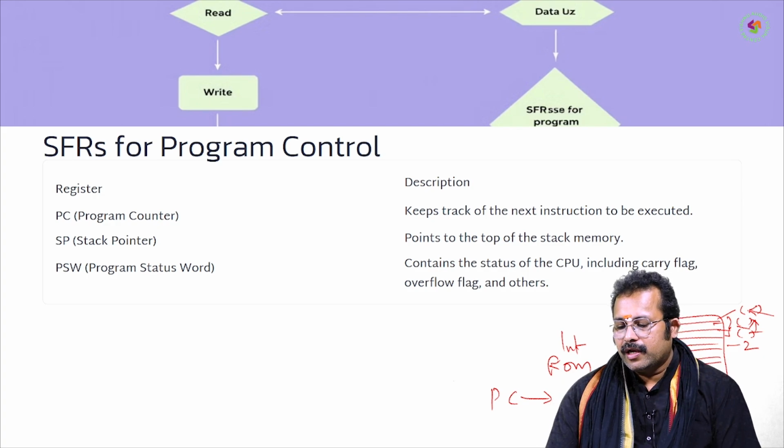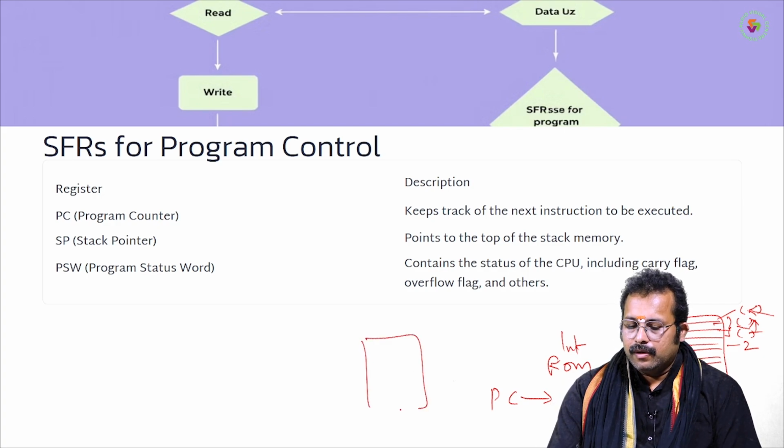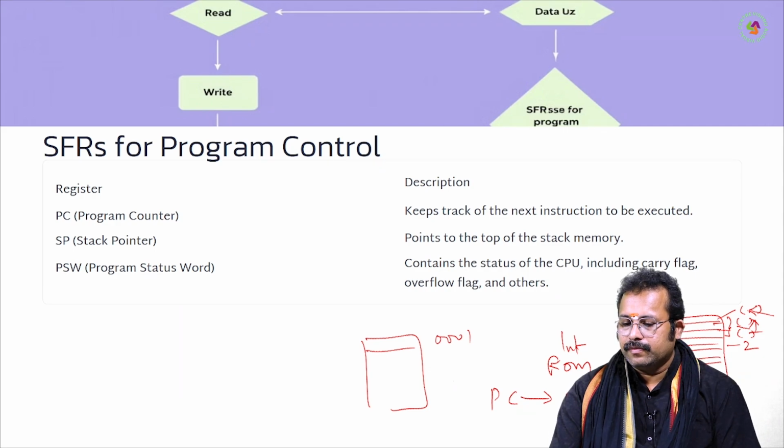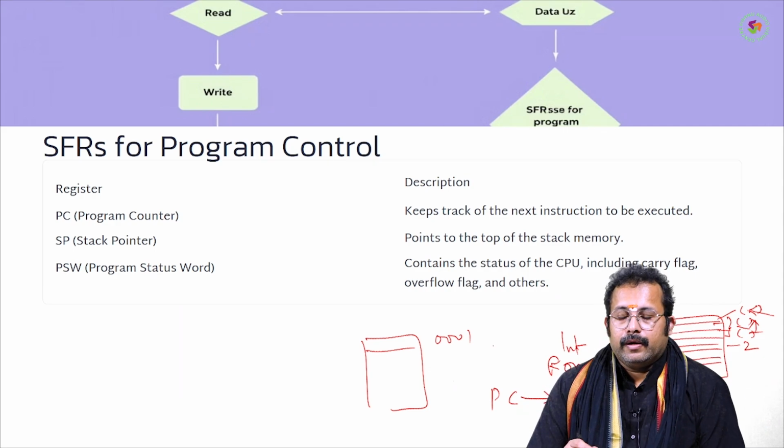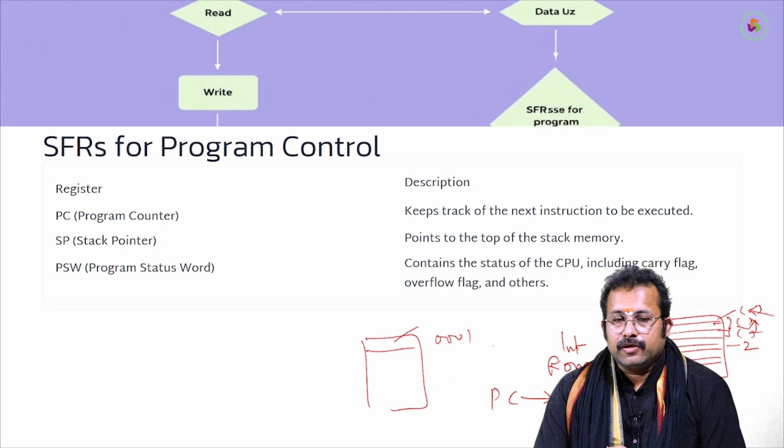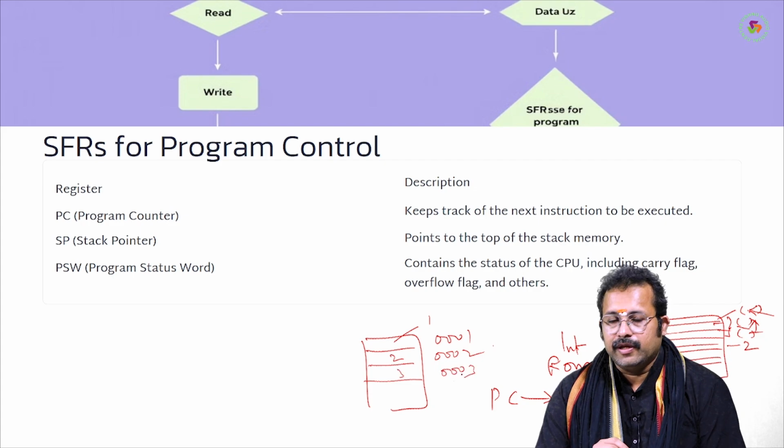So, the program counter is currently holding 0001, let us say. Here the first instruction is present at 0001, the second instruction at 0002, and the third instruction at the address 0003.